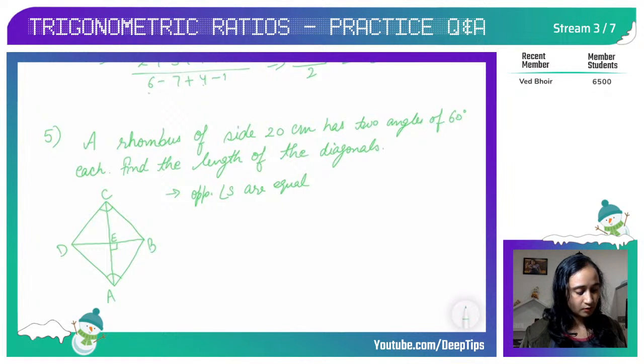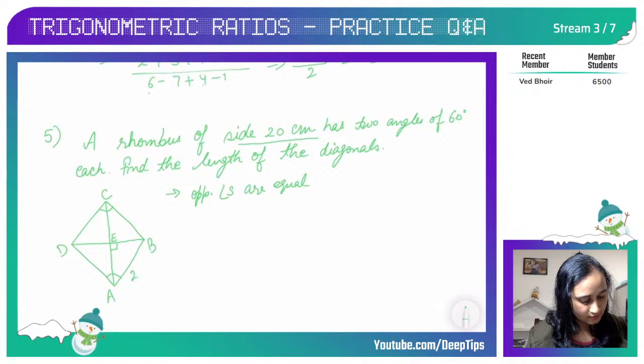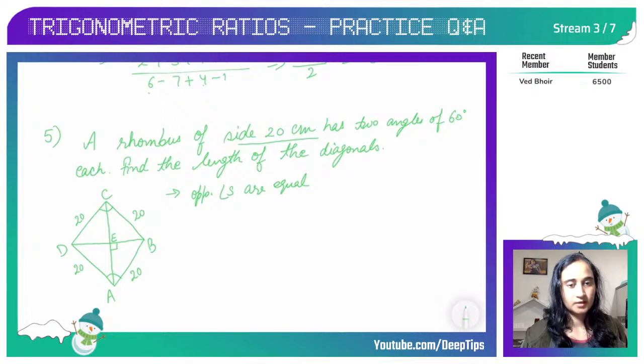Now if you look here children, they have also given that a rhombus of side 20 centimeter. We know that all sides of a rhombus are equal. Correct. So let's write here 20, 20, 20. I want everyone to just think about this question.